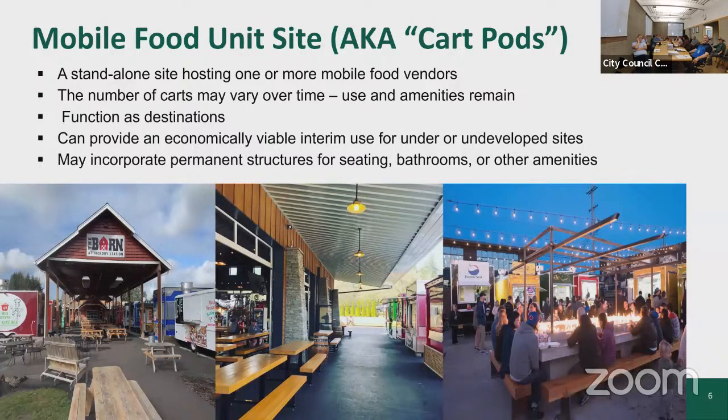Pictured here, that barn at Hickory Station is in Albany. The middle photo is the food cart pod in Happy Valley. And the picture on the right is a food cart pod in Portland.